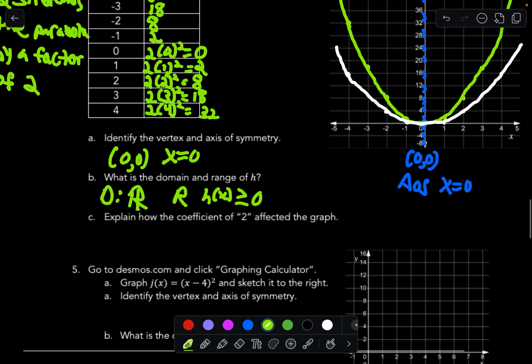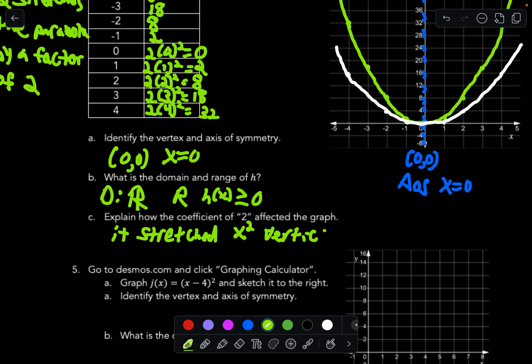Explain how the coefficient of 2 affected the graph. It stretched x squared vertically, that's up and down, by a factor of 2.